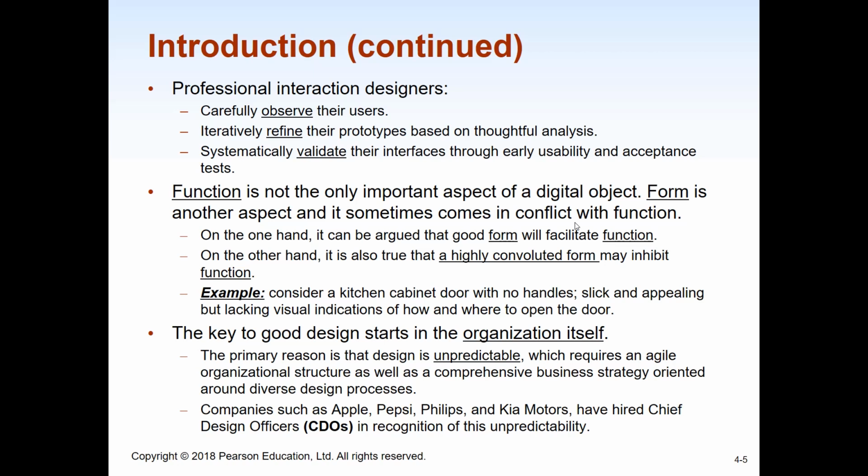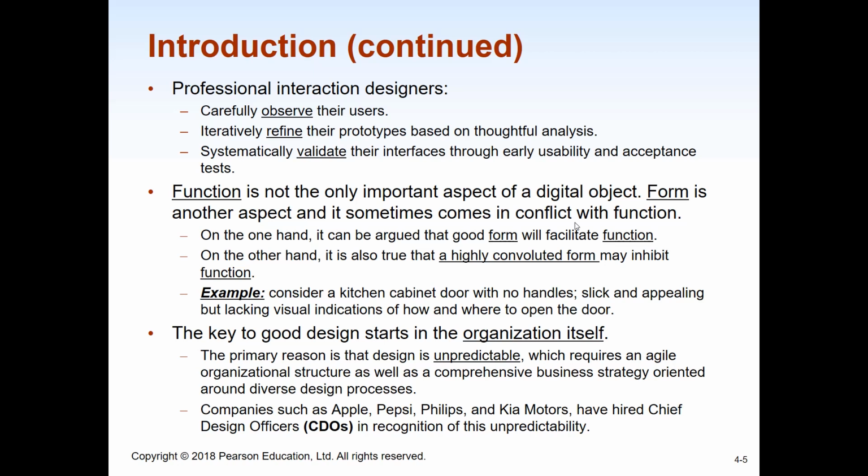So the key to good design starts in the organization itself. The organization will specify the functions that they are aiming at, and the end users will specify, on the other hand, the specifications of their security, their convenience, and satisfaction, and so on.